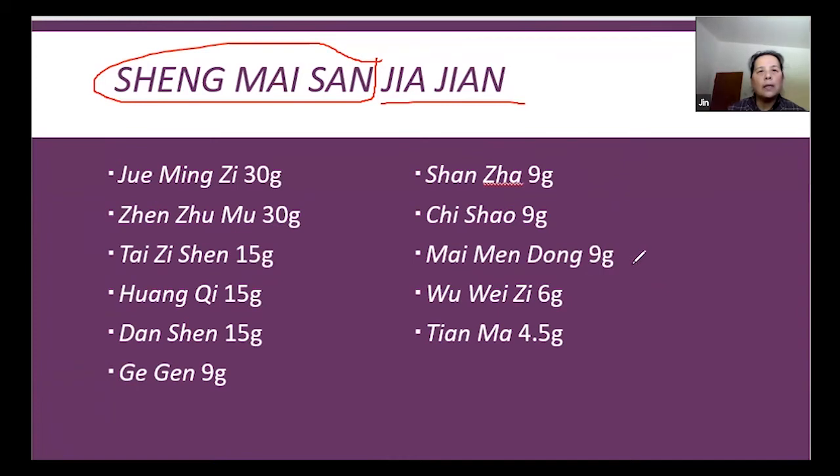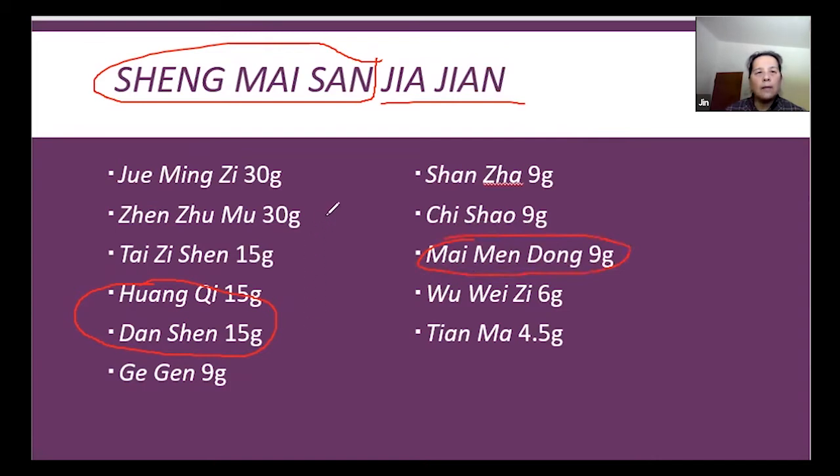But generally, in this formula we need to tonify qi and tonify yin. So 黄芪 and 党参 tonify qi, and 麦门冬 tonifies yin.